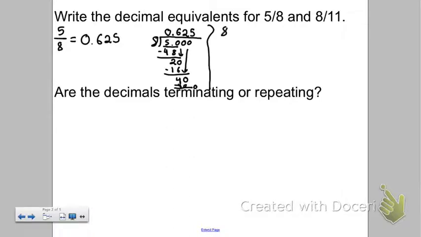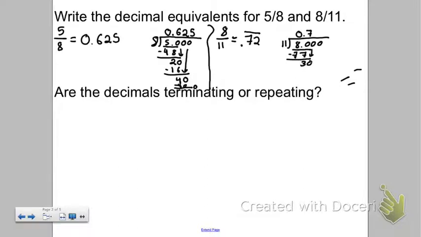My second fraction is 8 divided by 11. First, we do it in the calculator, and we get 0.72 repeating. Now I'm going to do this out by long division as well. This time, we're going to have the 8 under our divisor. 11 goes into 8 0 times. 11 goes into 80 7 times. 11 times 7 is 77 with 3 left over.